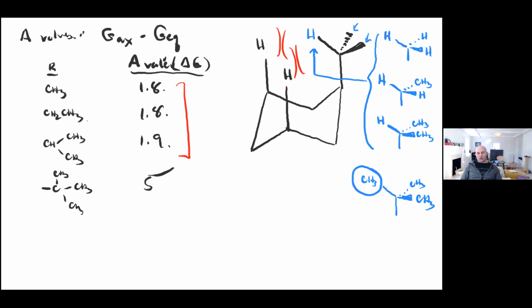But when you get up to tert-butyl, you lose all your hydrogen substituents, and so everything's methyl, and so you just have to have a lot of steric crowding over the ring, putting a methyl group in that position. And so that's why you get the big jump from about 2 to 5. And that's why the first three are essentially equal, okay?